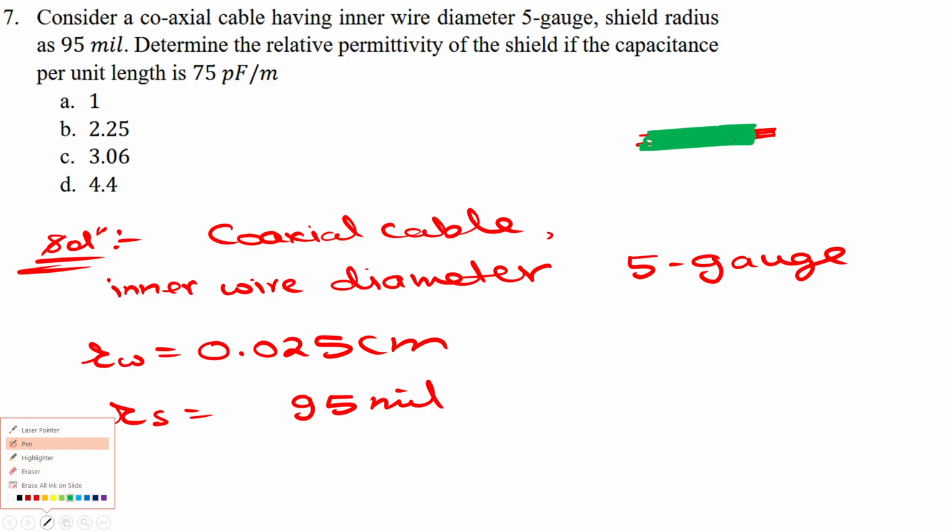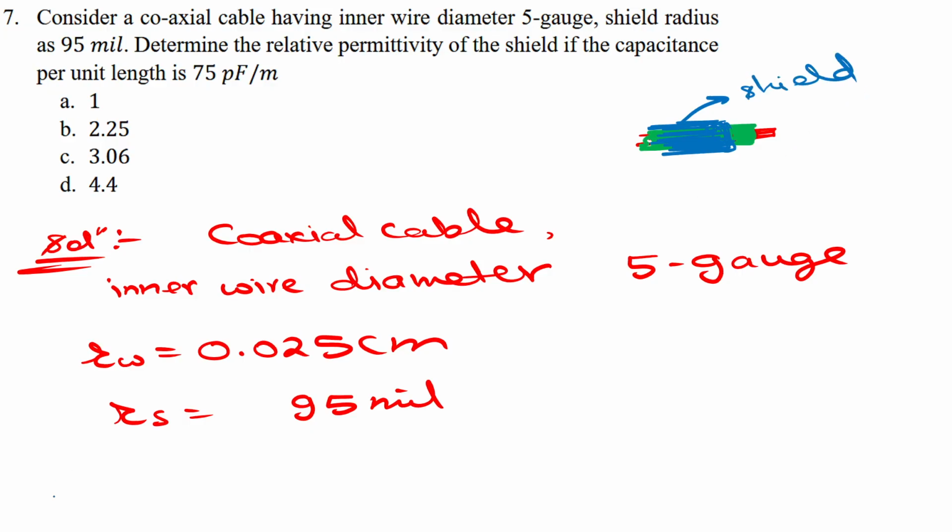And then there is this shield. This shield is also a metal. So this is the shield, and this is the inner conductor or inner wire.